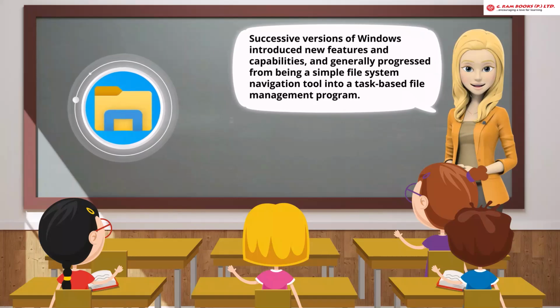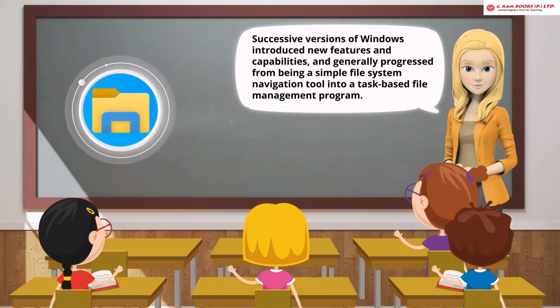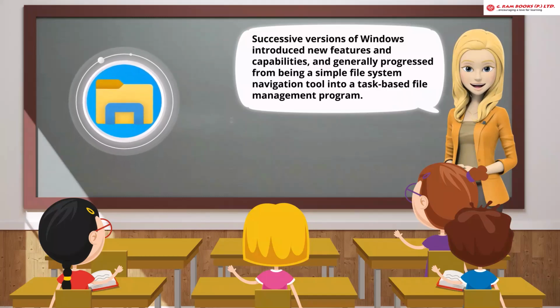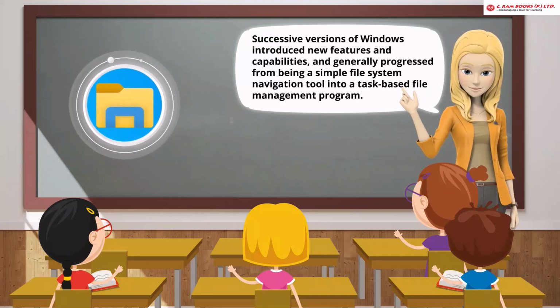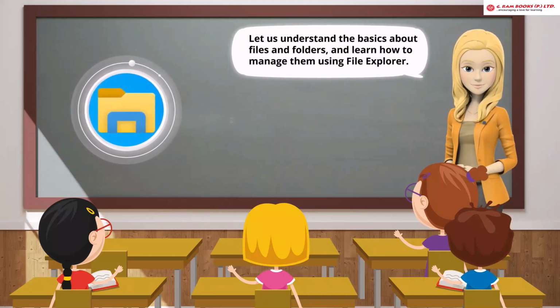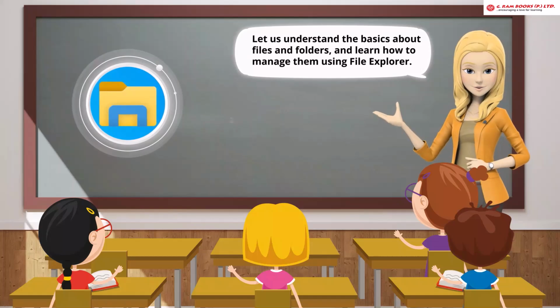Successive versions of Windows introduced new features and capabilities and generally progressed from being a simple file system navigation tool into a task-based file management program. Let us understand the basics about files and folders and learn how to manage them using File Explorer.